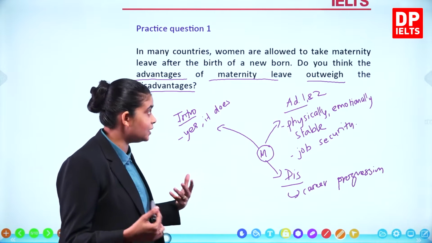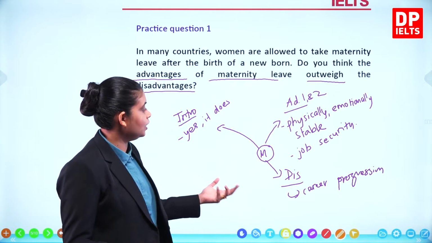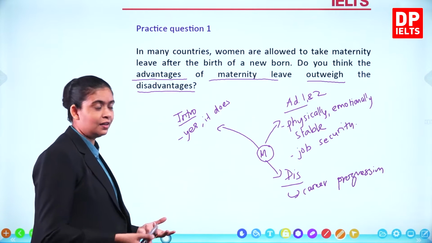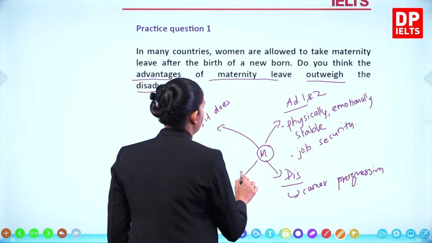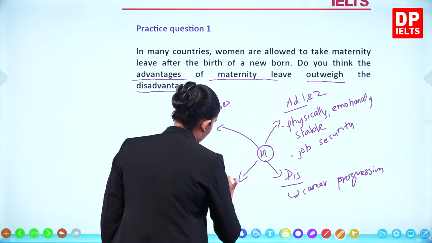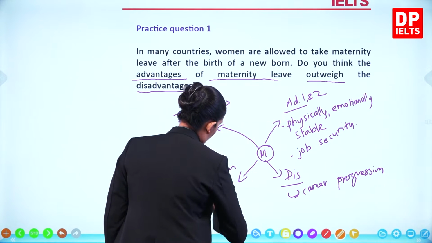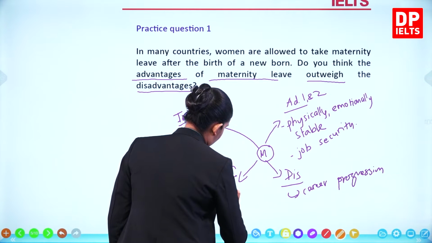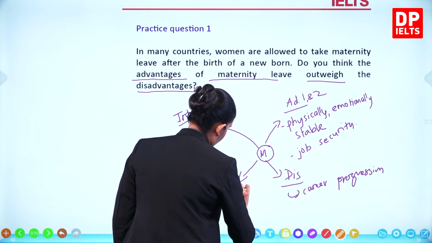But still, even though career progression is being hindered, I still think that it is better to have maternity leave. So in conclusion, I would still say yes, and then I would put down a summary as to why.